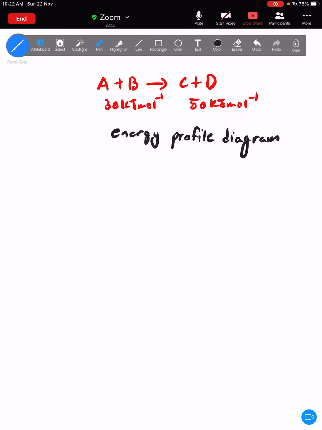I'm specifically asking for the energy profile diagram. Even though certain references or exercises might ask you for the energy level diagram, I put profile diagram here specifically because I want you to learn where the EA is actually coming from.